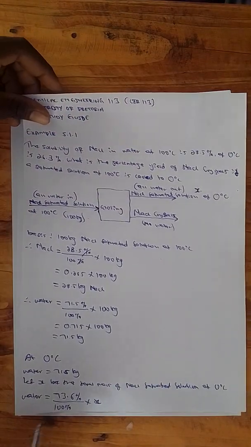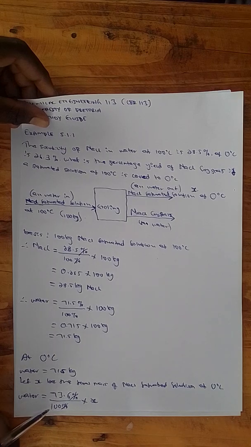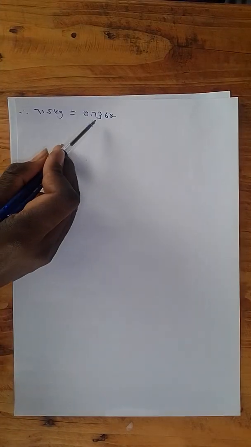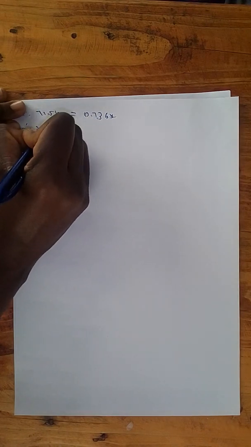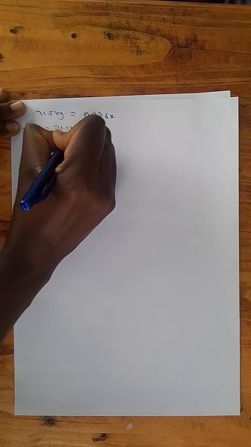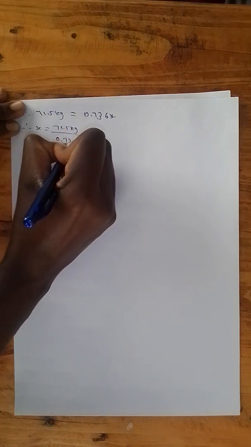Remember, the percentages fall off, so 73.6 divided by 100 is 0.736X. Therefore, we can solve for X. X equals 71.5 kilograms over 0.736.